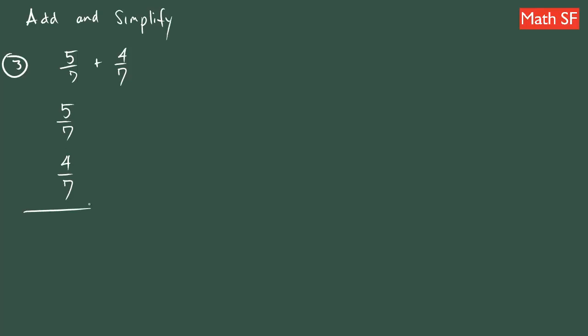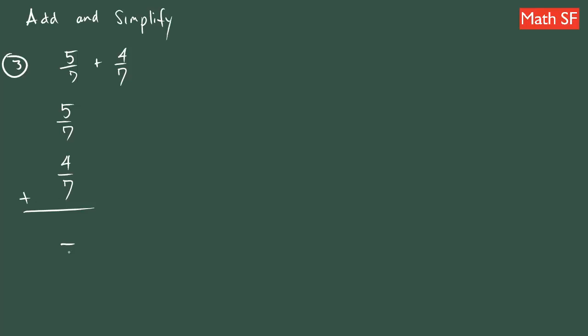In problem number 3, they're asking you to add and simplify. So let's add and simplify. We're going to have to add 5 sevenths plus 4 sevenths. And let's add this vertically. So it should be 5 over 7 plus 4 over 7.